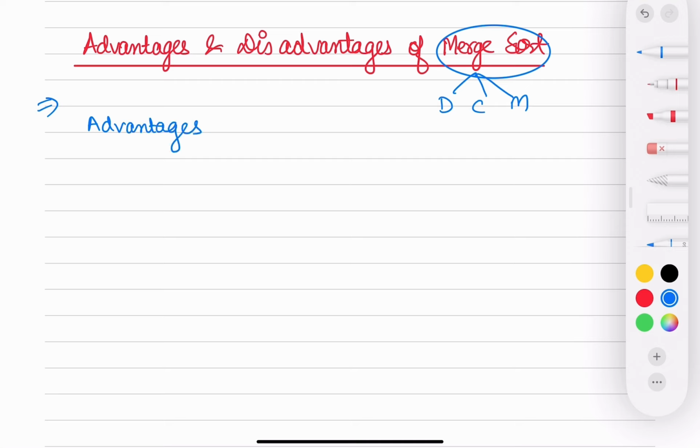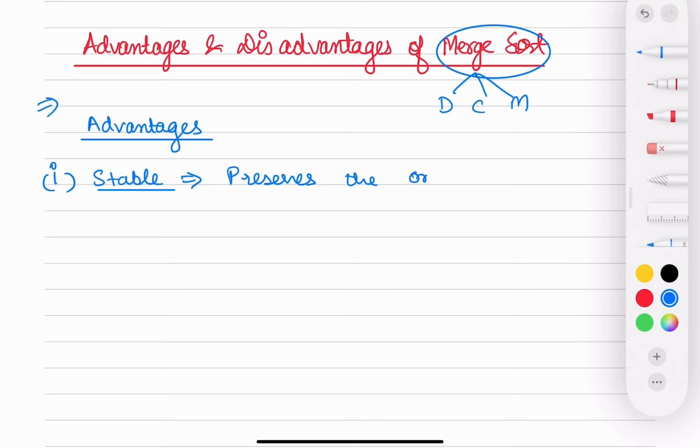So the very first is that it is a stable algorithm. What do we mean by a stable algorithm? Stable algorithm means we preserve the order of equal elements in the input array, right?